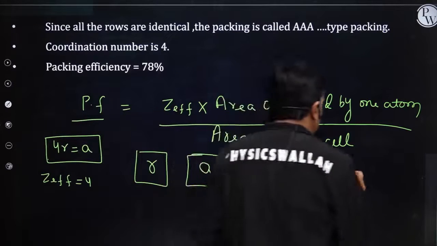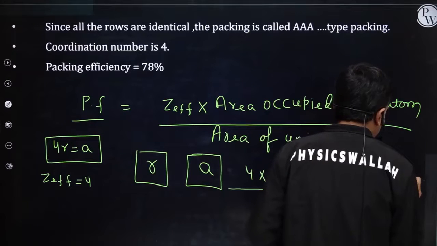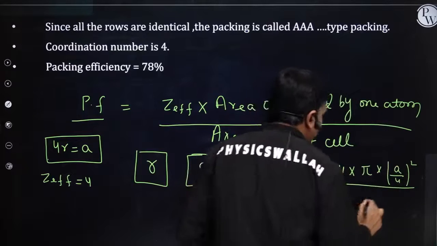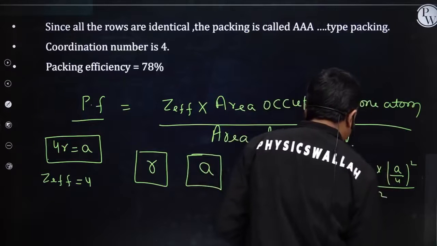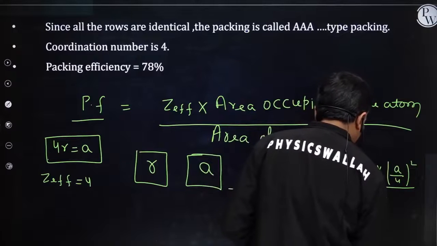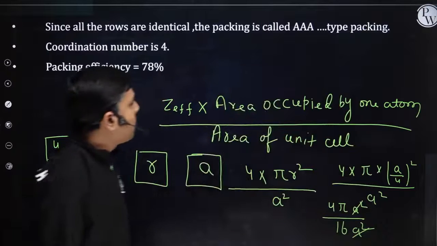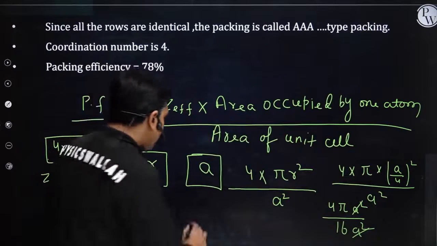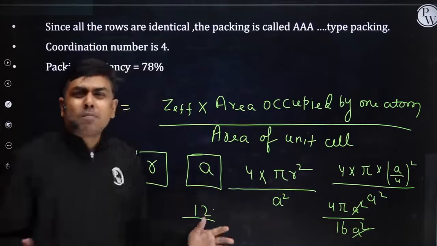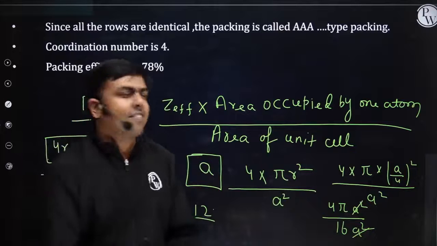So 4 into pi into A by 4 square divided by A square. 4 pi A square upon 16 A square. A square cancels out. So it's 4 pi upon 16. 12 point something upon 16. 12 by 16 is 75%. So greater than 75%, less than 80%.